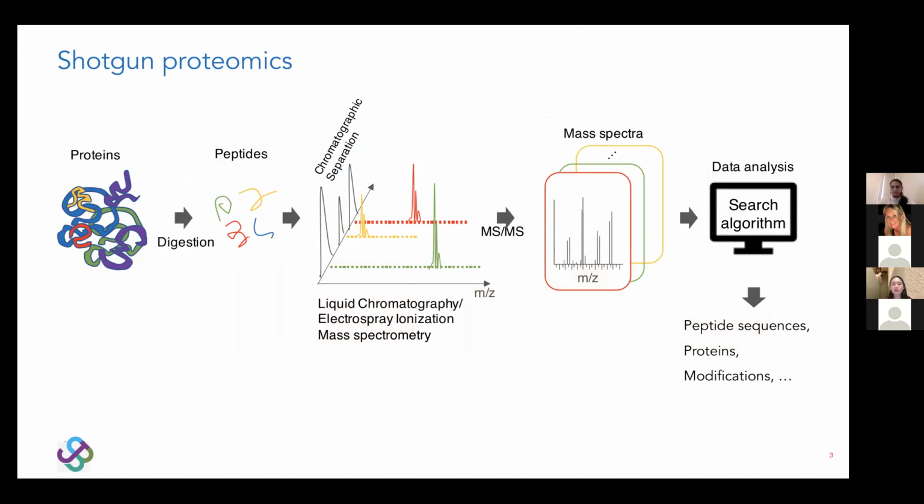This mass spectrometry analysis outputs mass spectra that encode the chemical composition information of these peptides. And finally, we do data analysis using search algorithms to identify from these mass spectra what the proteins in this sample are, as well as the peptide sequences and the modifications.